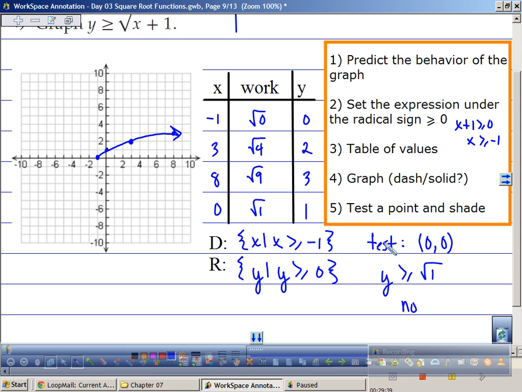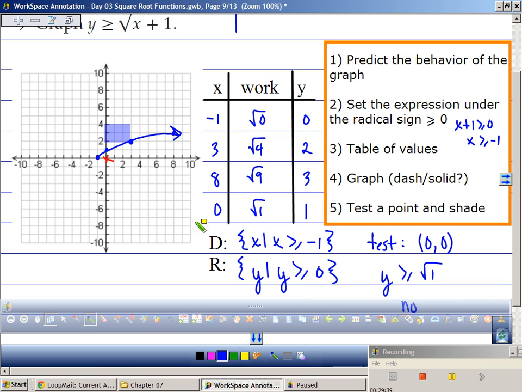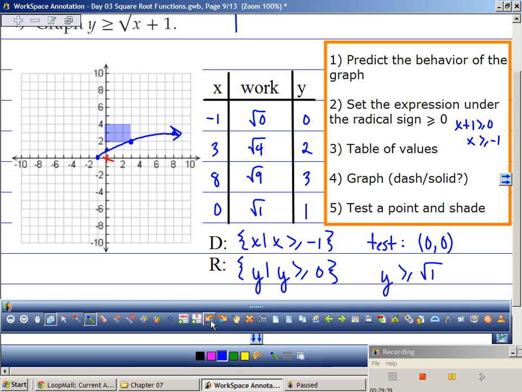Is that true? No, so this is not part of our shading. And my shading is going to be above this line. Uh-oh. All done.